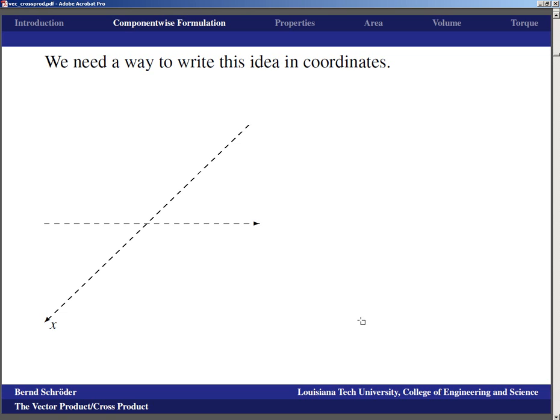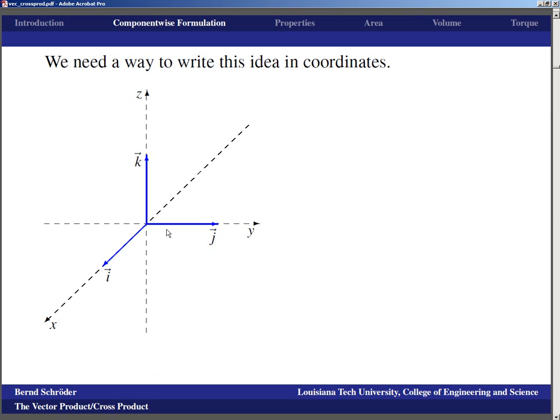So let's take a look at the three unit vectors i, j, and k, and we realize that those can be obtained from each other using right-hand rules and cross products. First of all, the unit vectors are all perpendicular to each other, so the sine of the angle is the sine of 90 degrees, which is 1.